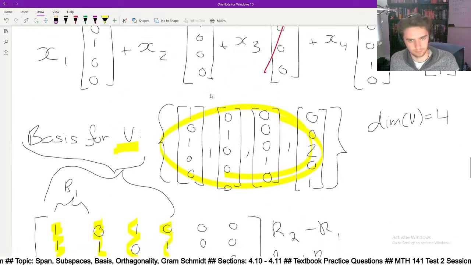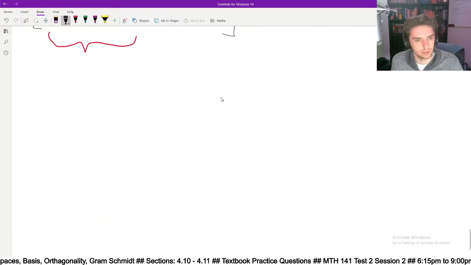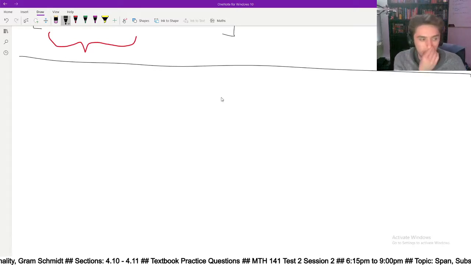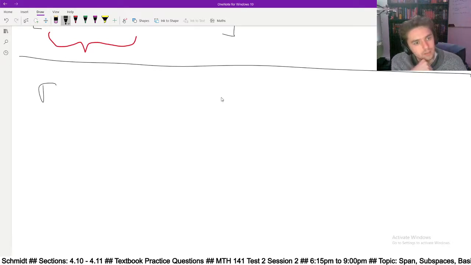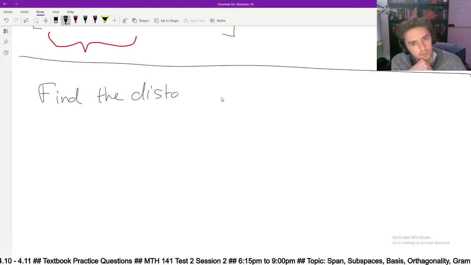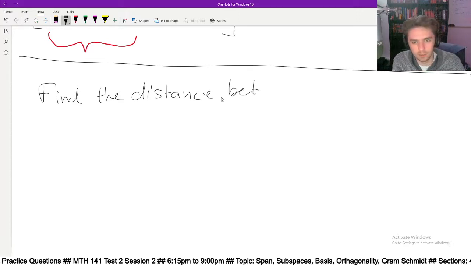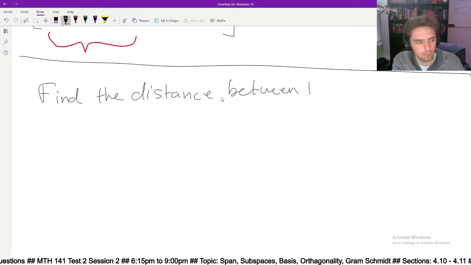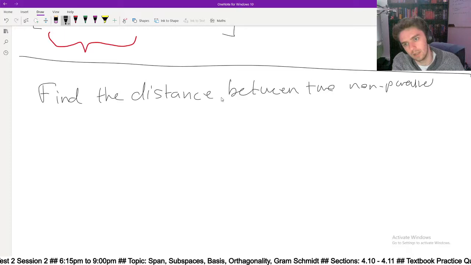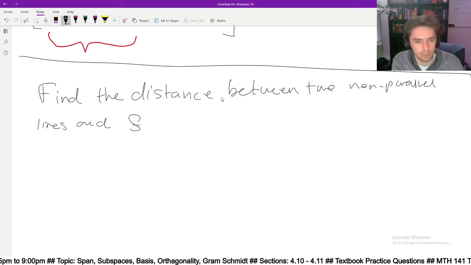So, okay. So I will do the shortest distance between two non-parallel lines now. The question says what I just said. Find the shortest distance between two non-parallel lines and find the point that's closest.